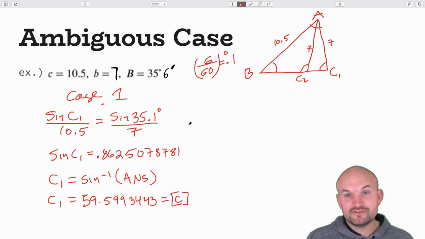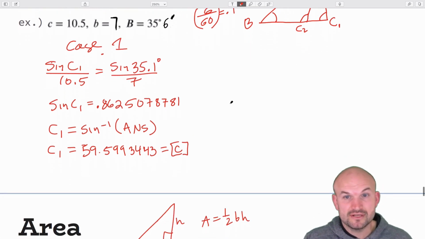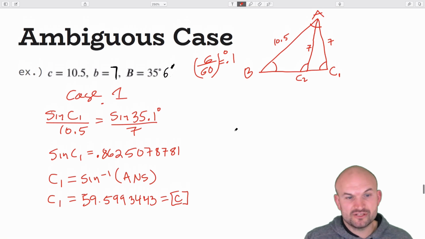Okay. Now I have two angles, right? So if I already have C, which we're calling C1, I can figure out what in this case is going to be my A1.